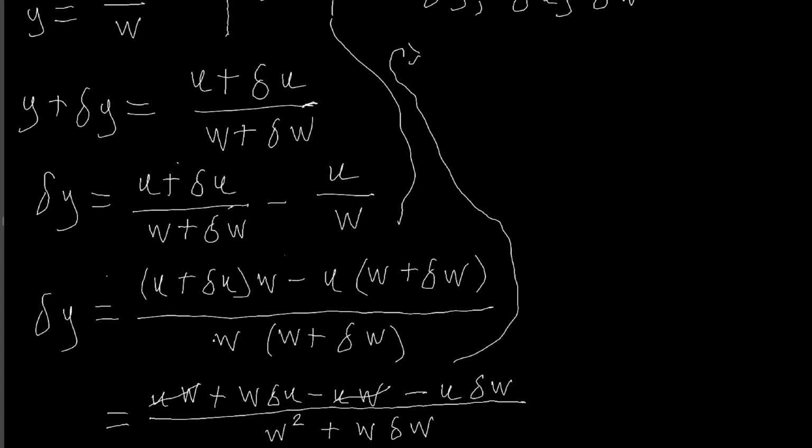We're going to want to do the exact same thing as we did with the product rule. We're going to divide both sides of this equation by delta x, and then we're going to consider what happens as delta x approaches 0.